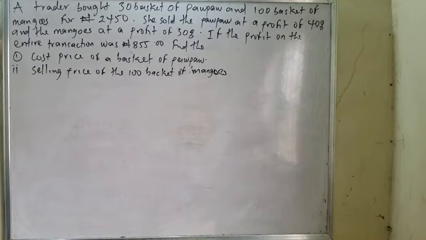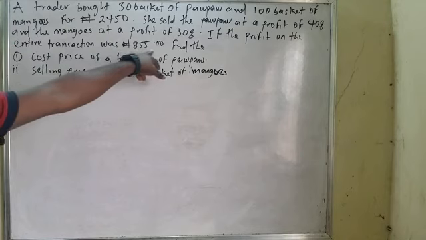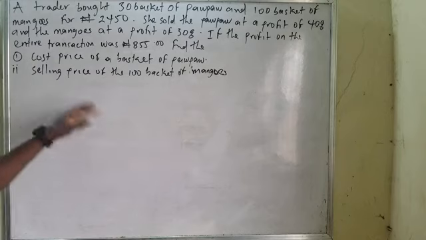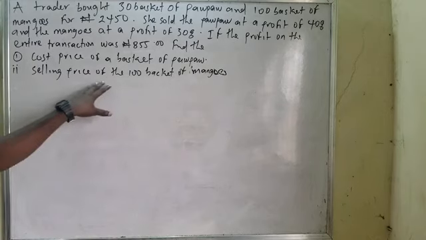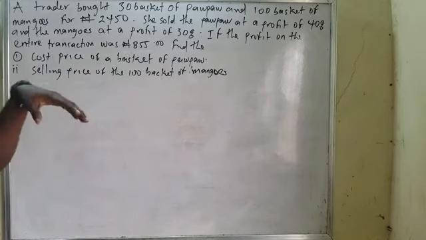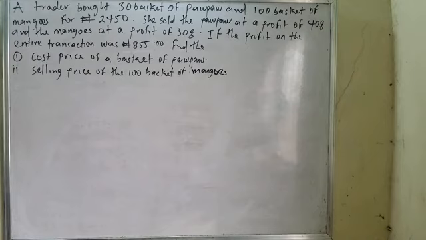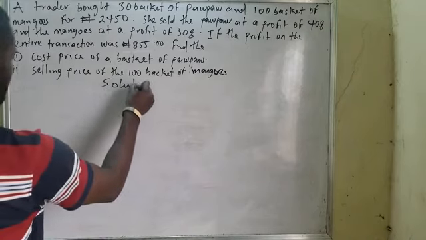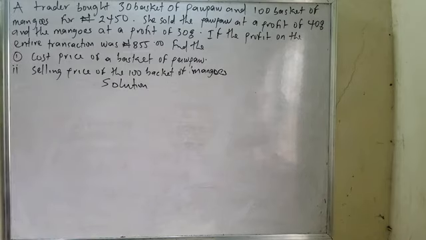If the profit of the entire transaction was 850 naira, find the cost price of a basket of pawpaw, and the selling price of the 100 baskets of mangoes. Let's see how it will go. It's a very simple one.